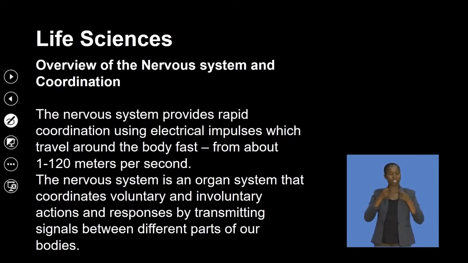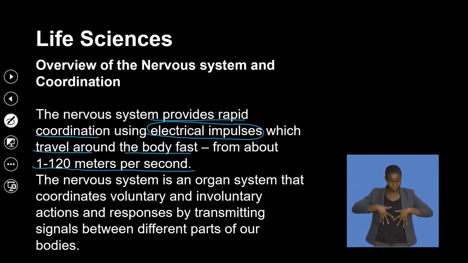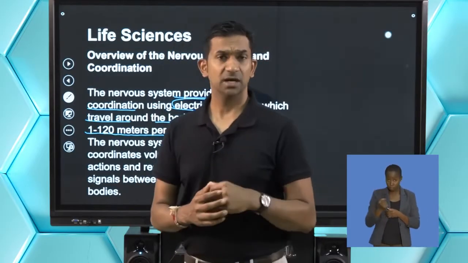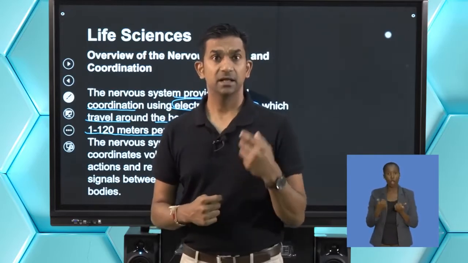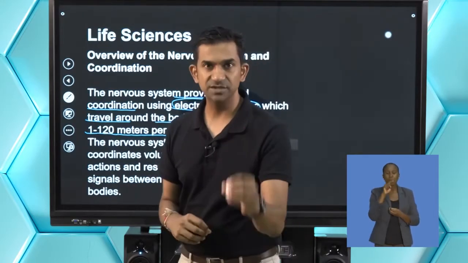Cool. So the nervous system provides rapid coordination using electrical impulses, which travel around the body extremely fast, from about 1 to 120 meters per second. So that's extremely fast. If you think about how quickly that is, the fact that you're able to think, click your fingers, respond to light, pick up something quickly, those are all nerve impulses that travel extremely fast.